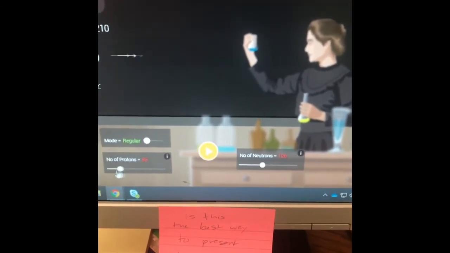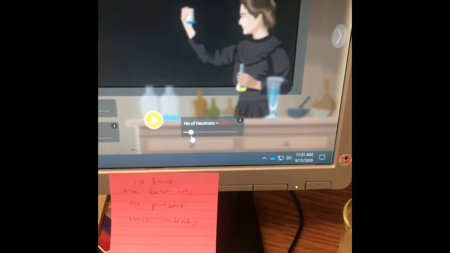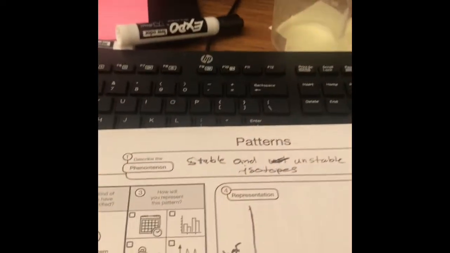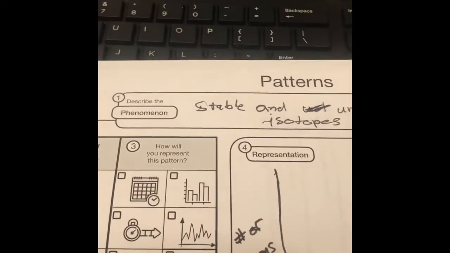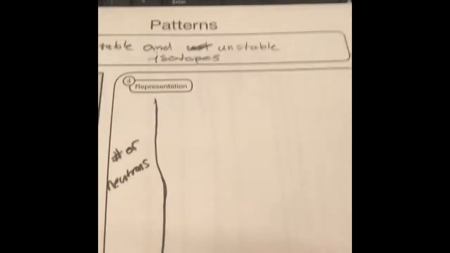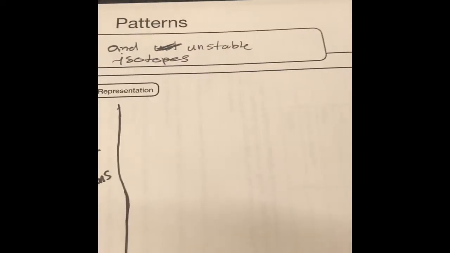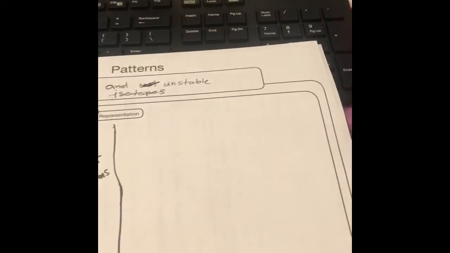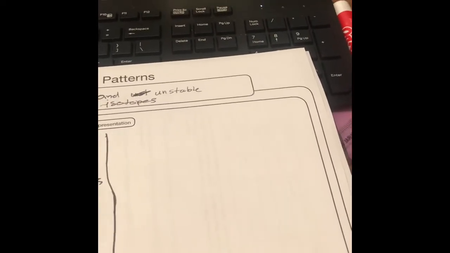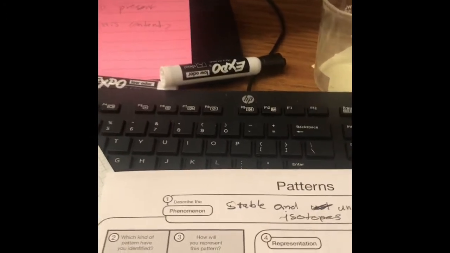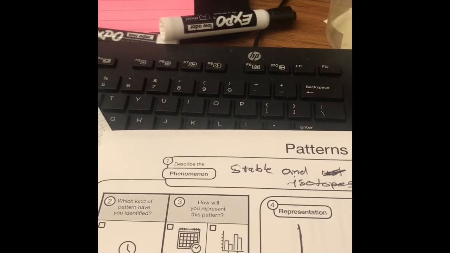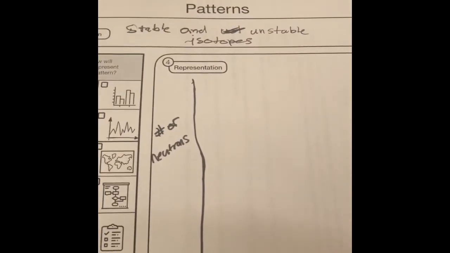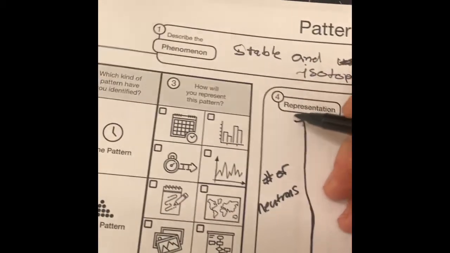Okay? So for the number of protons, we are investigating elements between 82 and 92. These are all elements that have a high number of protons that are radioactive. And for the number of neutrons, our scale is going to range between 119 and 148.